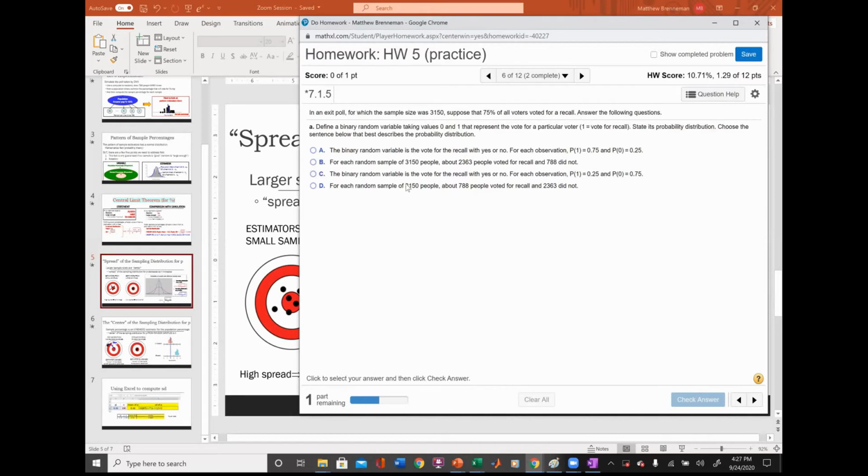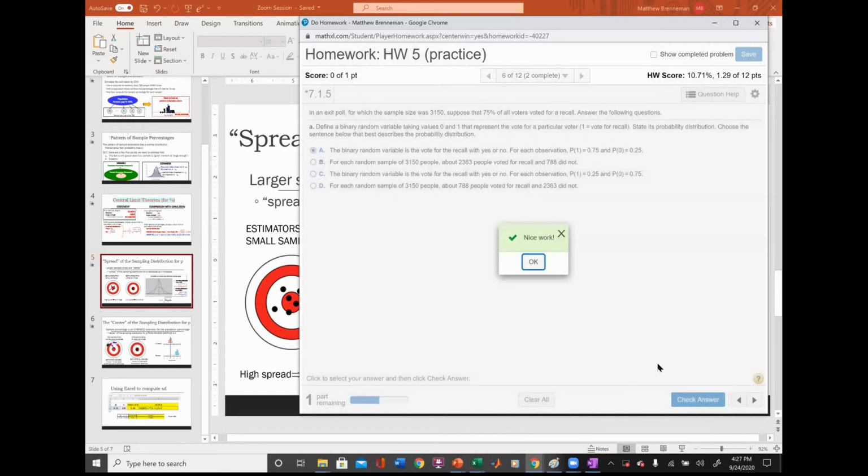So we can rule out B and D, because again, it's dealing with the sample. And here they mix these up. So the probability of success, that the person's going to be in our category of interest, is 75%. And click yes.